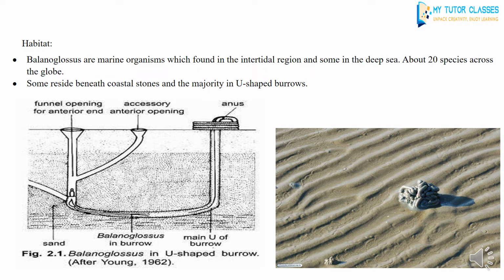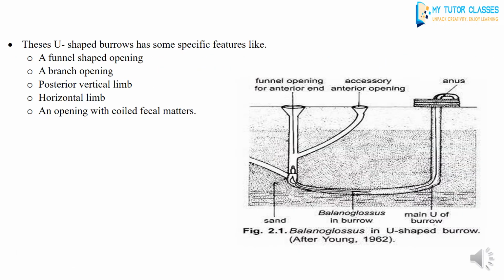So let's discuss this U-shaped burrow. U-shaped burrows have specific features like a funnel-shaped opening, a branch opening, a posterior vertical limb, a horizontal limb, and an opening with coiled fecal matter.